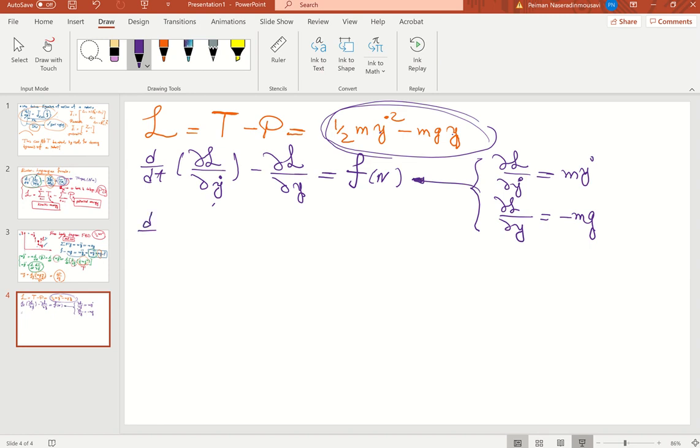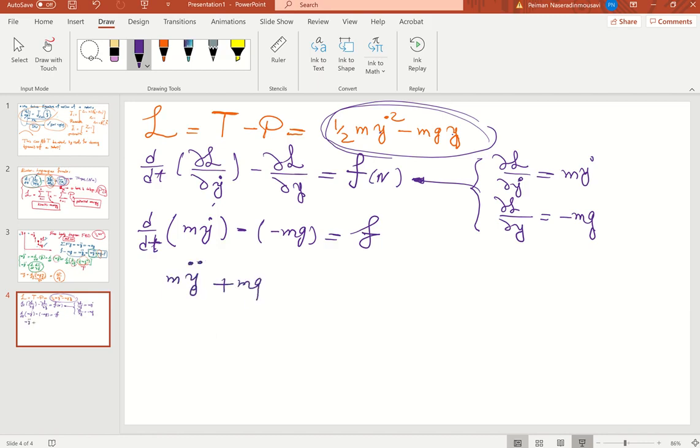So with d over dt, the time derivative of m y dot, minus minus mg, is equal to F. You see that m is constant, and the time derivative of y dot is y double dot.